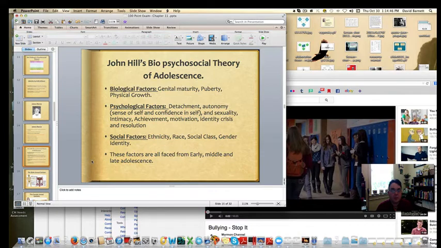The detachment of sense of self, sexuality, intimacy, motivation, identity crisis are all psychological factors. And social factors are the factors that are around us. Race, social class, ethnicity, gender identity, all these things affect us and our identity. So you have the biological factors, and you think about the person from the earlier video who had issues with not hitting puberty.